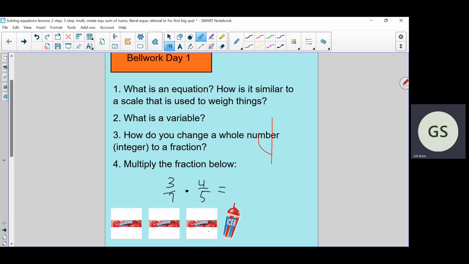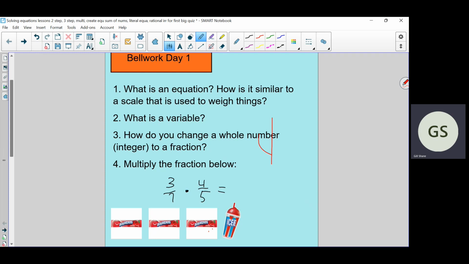Anybody know it? How do you turn that 4 into a fraction that still equals 4? Can't change the value of 4. Still got to be equal to 4, but you want it to look like a fraction. So a number over a number. How do you change it? Got a guess? What do you think? Not a variable.